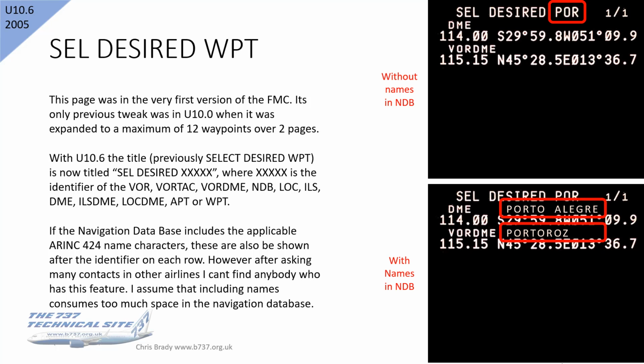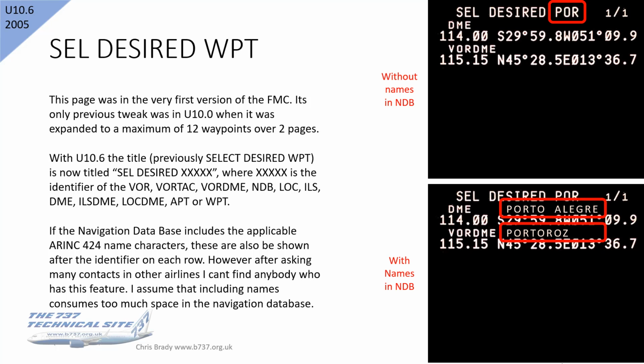Now I can only assume that although the feature did come in 10.6, most airlines elected not to include the names in the nav database because it would consume too much space. That's the only logic I can see to this. Although it would be helpful to us to have the actual real name, I know for a fact that nav database space is an issue, particularly with airlines that fly beyond one continent.